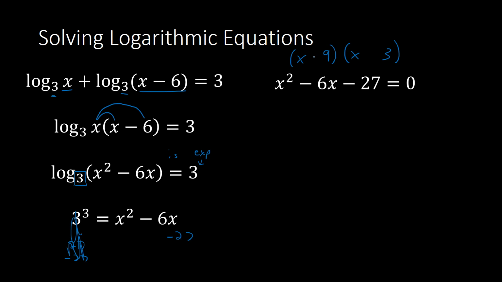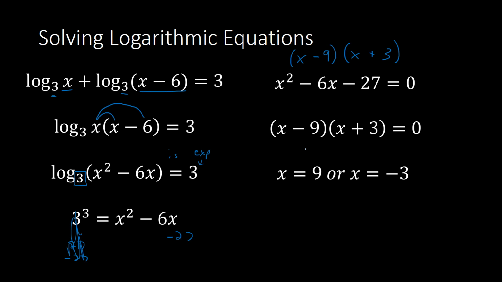So if I make the 9 negative, the 3 positive, that would give me negative 27, and when I add them together, negative 9 plus 3, I'd get the middle term of negative 6. So I can factor this to get x minus 9 times x plus 3. I can then set each part equal to 0, where x minus 9 equals 0, or x plus 3 equals 0. So x would equal 9, or x would equal negative 3. So we have solved for x.